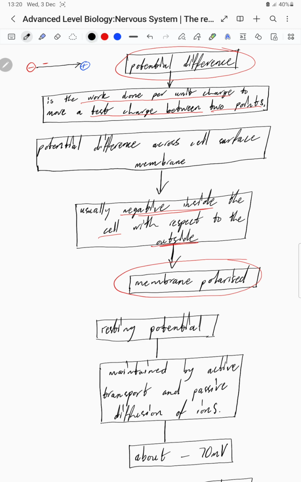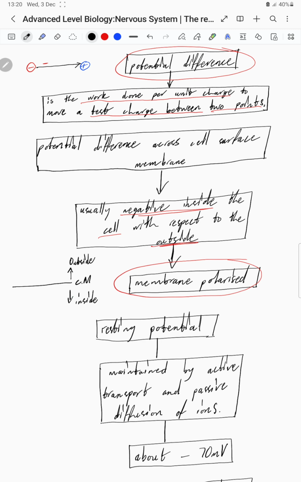So let's say we have this line as our cell membrane, and this is the outside of the cell membrane, this is the inside.